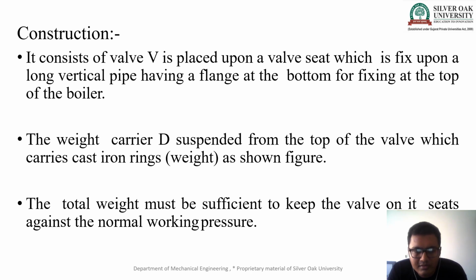The total weight must be sufficient to keep the valve on its seat against the normal working pressure. If the working pressure is 60 bar, we need to maintain 60 bar downward, so we put the dead weight on both sides.